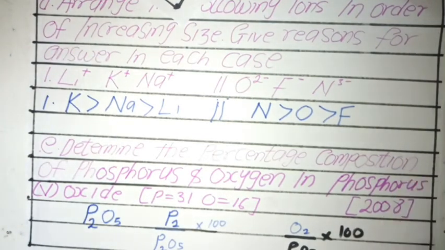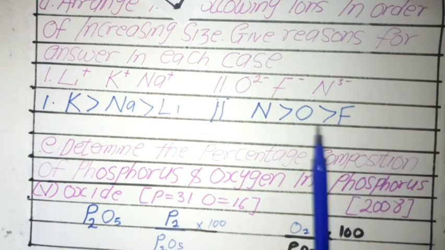So basically, this is what I'm going to do. P2, remember, this 2 is very important. Don't say P over, no. Look at the formula, P2. If it was PO5, then it would have been P over. But since there's 2 here, you have to put 2 because you're looking for the percentage composition of phosphorus. So it's P2 over P2O5 times 100.